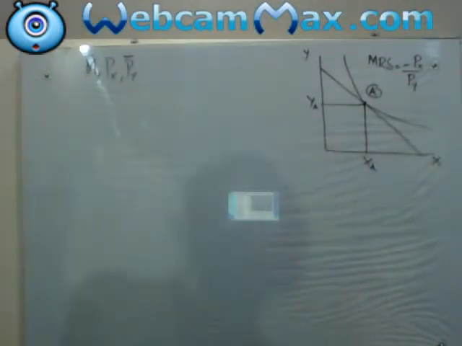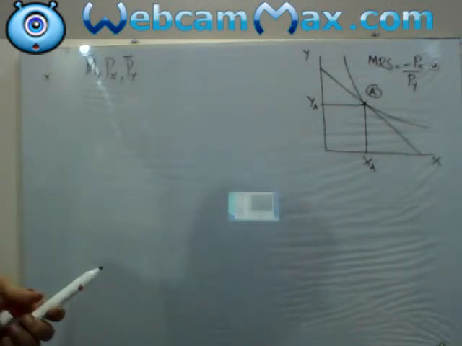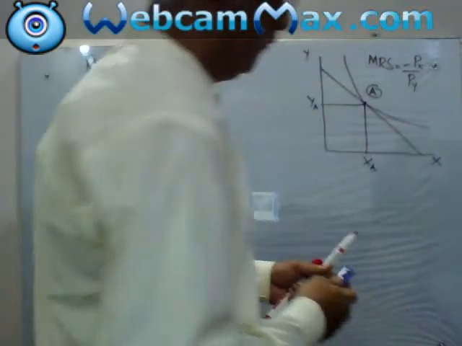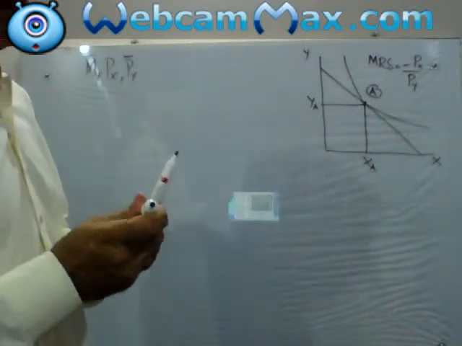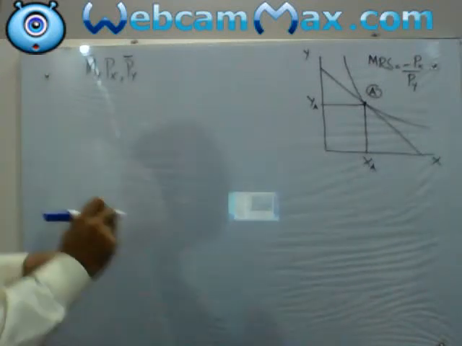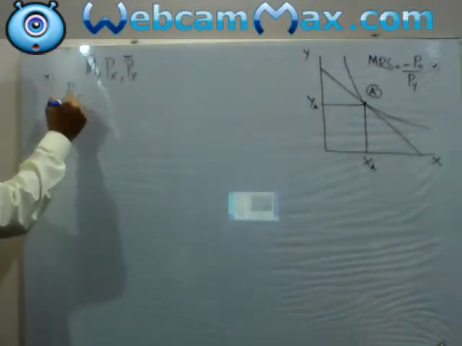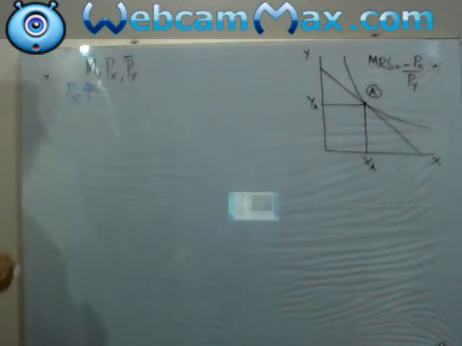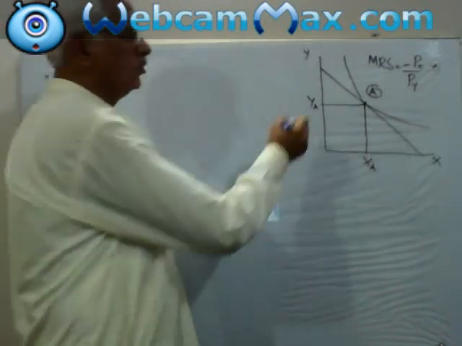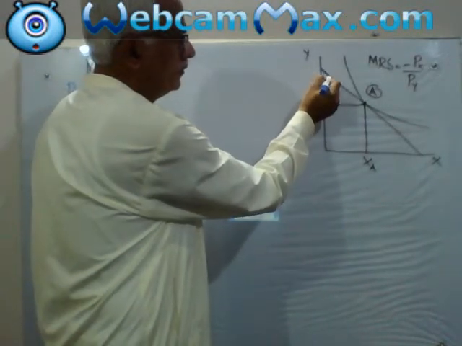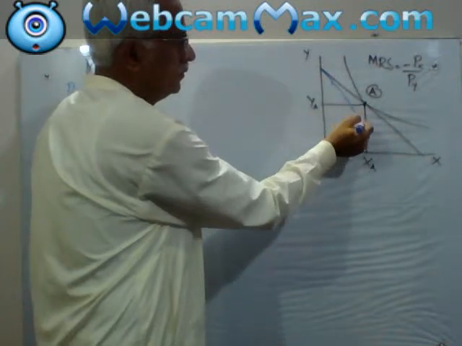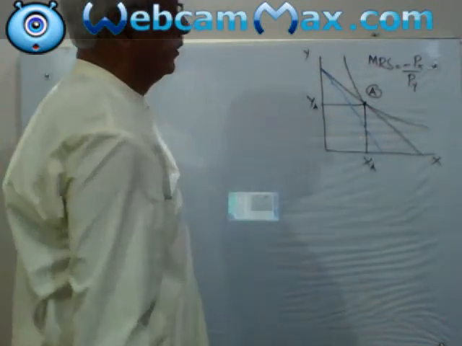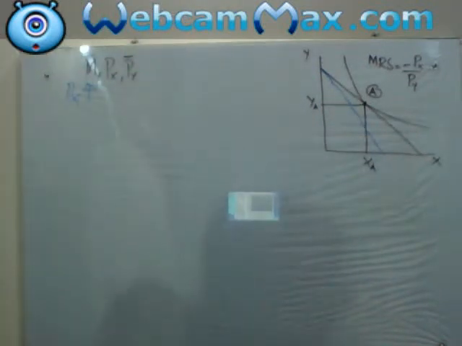Okay, so when the price of x rises, if we plot the new budget line with the rise in price of x, the new budget line looks like this one. So this is the new budget line, the new condition.